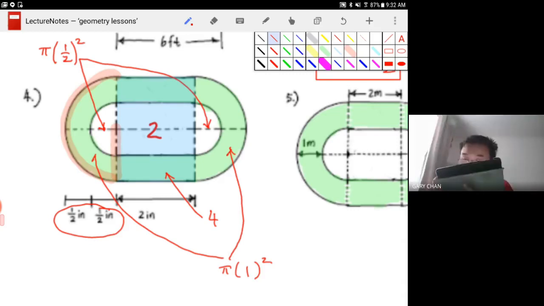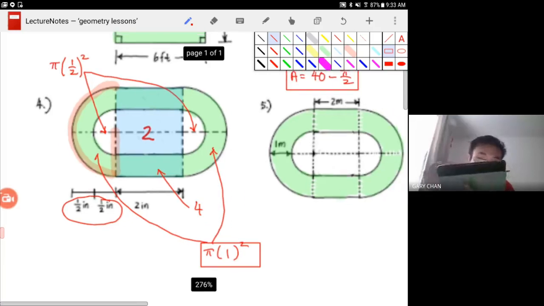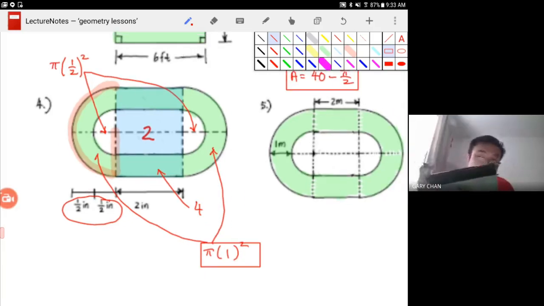This represents the area of one full circle. Even though we have semicircles, it's 2 of them together, right? So 2 semicircles together makes one whole circle. That's why I don't need to do any halving or doubling or anything like that.